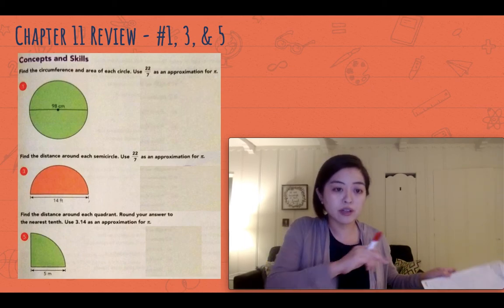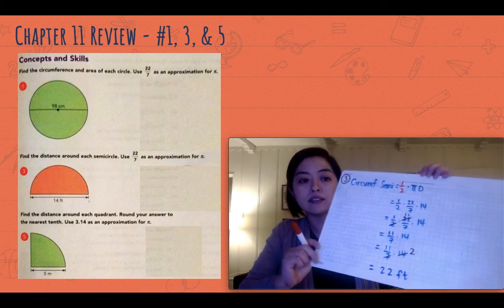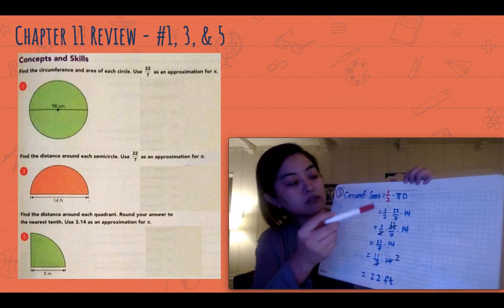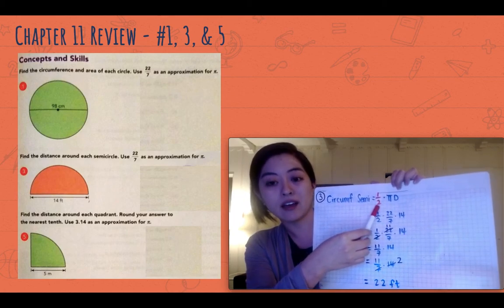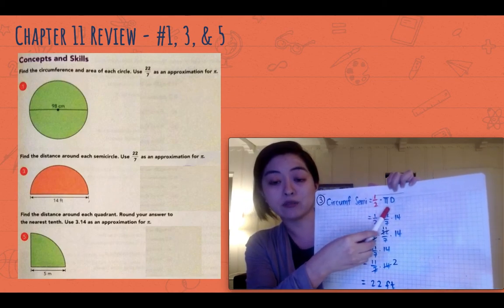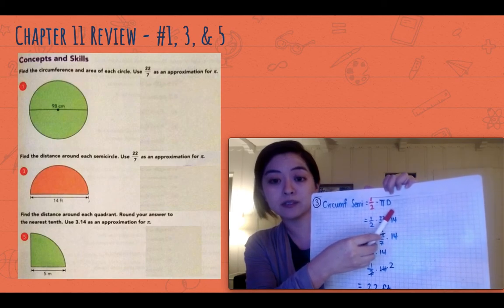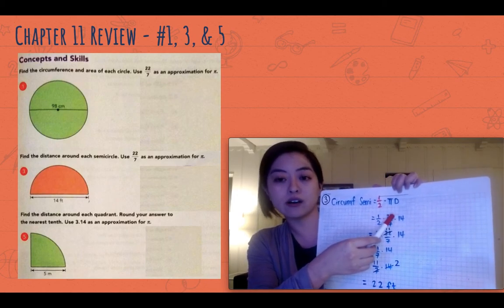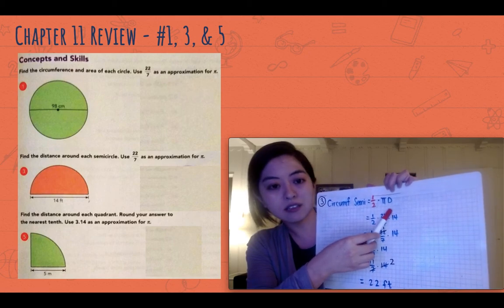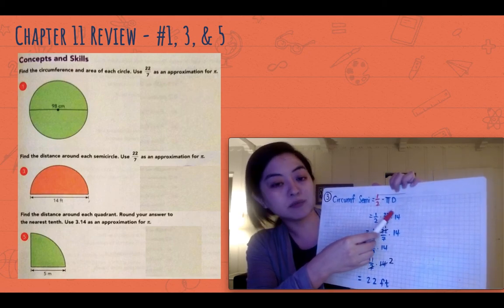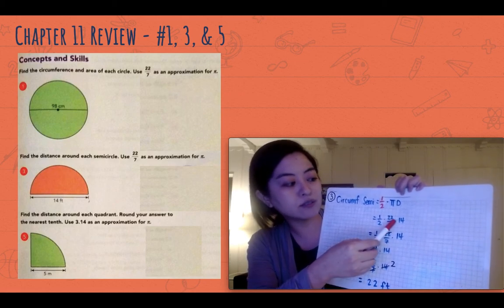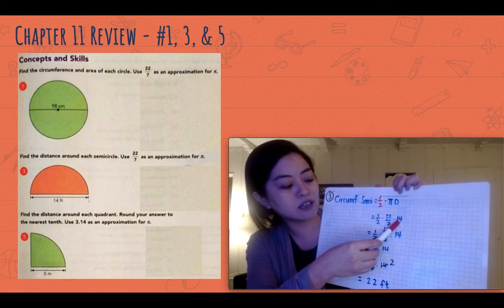So number 3, we want to find the distance around the semicircle. So I'm going to go halfway around the circumference of a full circle. They give us d, which is 14. So half times my approximation for pi, 22/7, times the diameter, which is 14.